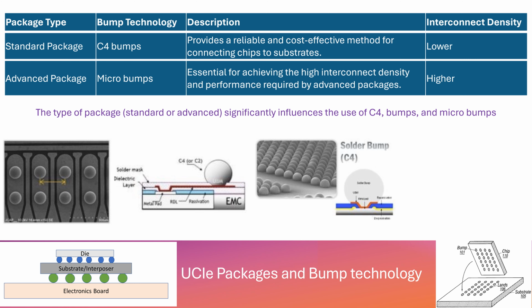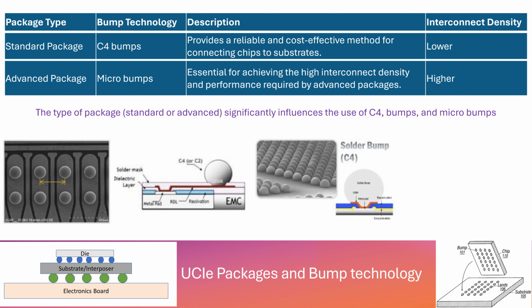The UCIe advanced package uses microbumps. Microbumps are essential for achieving the higher interconnect density and performance required for advanced packages. Since the bump size and bump pitch are smaller for microbumps, interconnect density is higher.